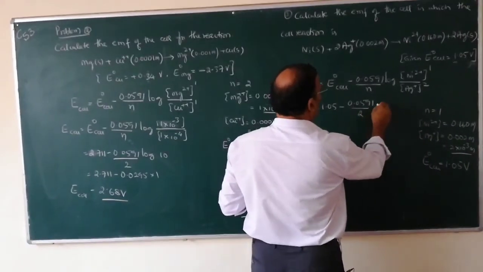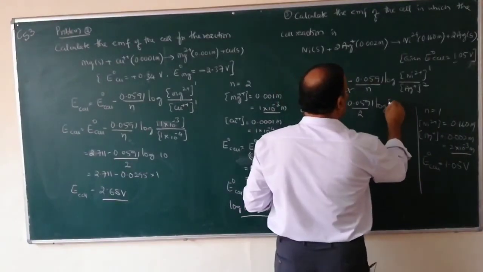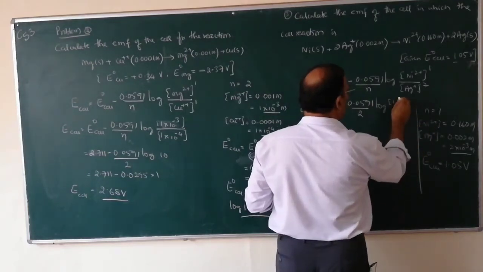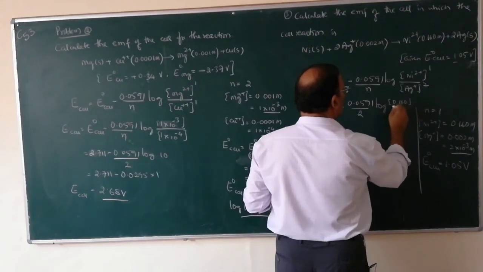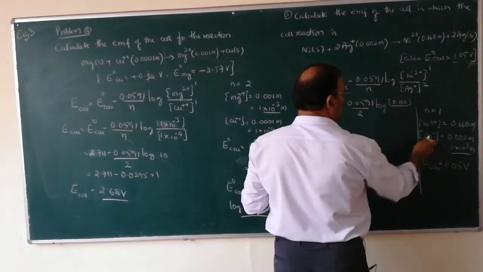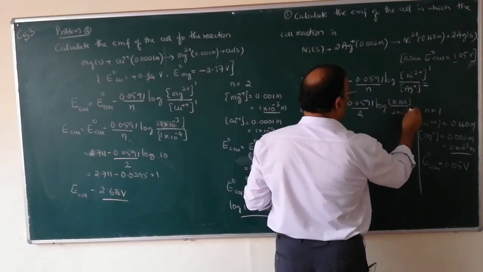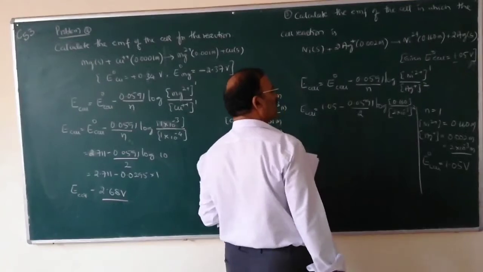So 2, log of concentration of Ni2+, 0.160, divided by concentration of Ag+, 2 into 10 to the power of minus 3, to the power of 2.